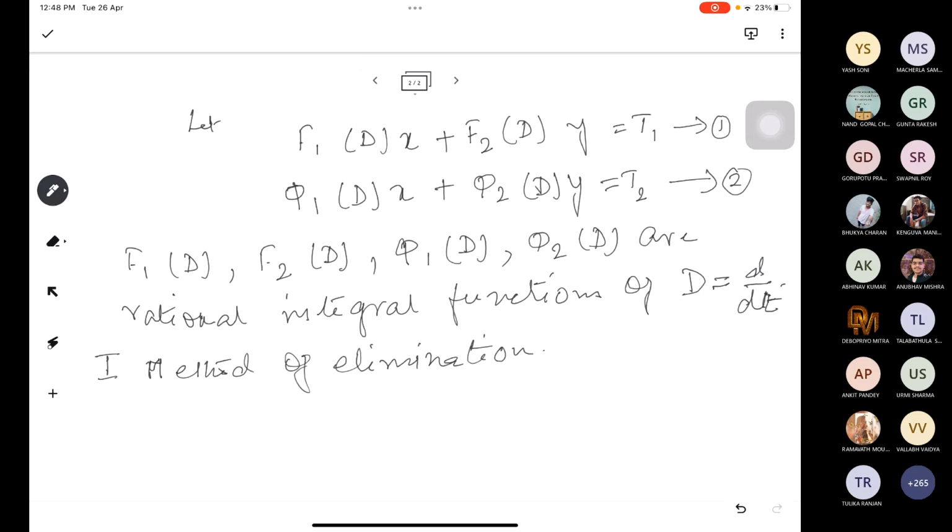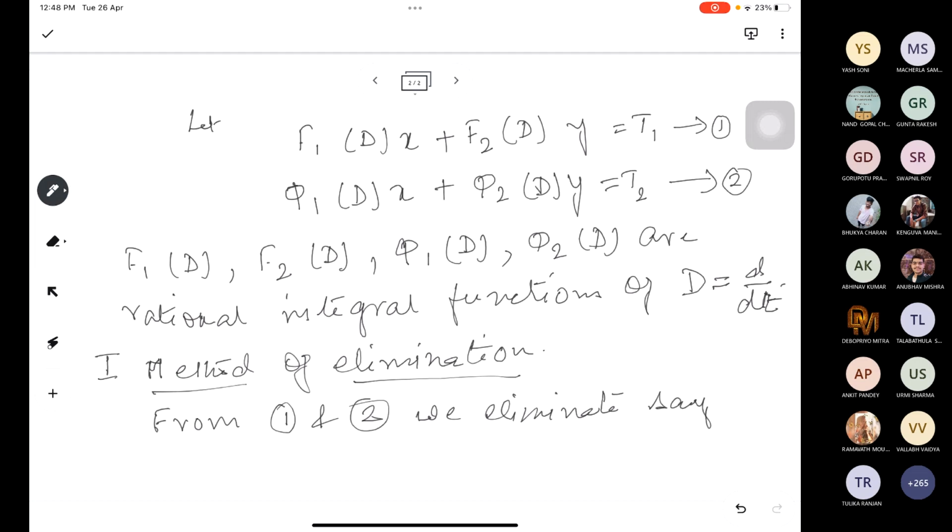That is, from the equations we eliminate any one variable, say x.